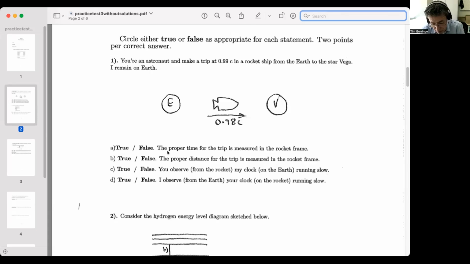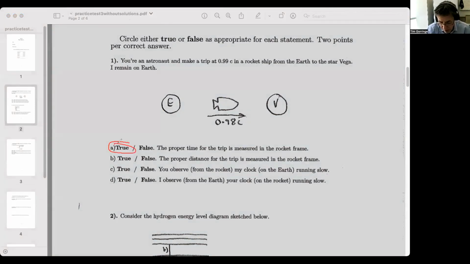So the first part of the question says the proper time for the trip is measured in the rocket ship reference frame. That is true. The second part of this question asks in what frame you measure the proper distance. The proper distance or proper length of, say, a meter stick, is measured in the frame where the meter stick is at rest.